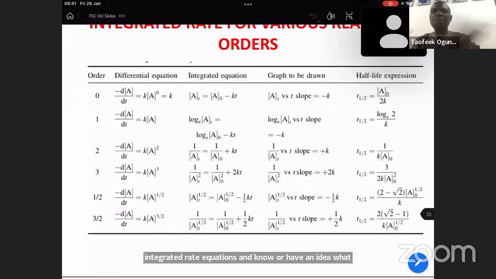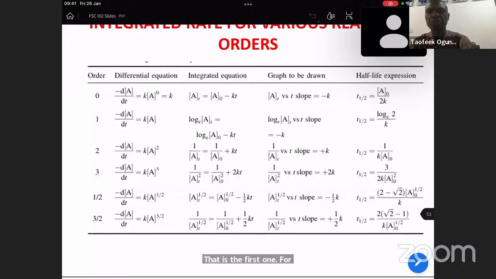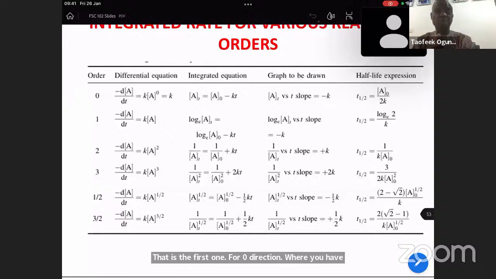Now, if you have that data and you want to check, is the reaction zero order? You use this equation. That is the first one, for zero order reaction, where the concentration of A at time T, which is the final concentration of A, is equal to the initial concentration of A minus the rate constant multiplied by T. Now, how do you use that equation to determine whether that reaction is zero order?